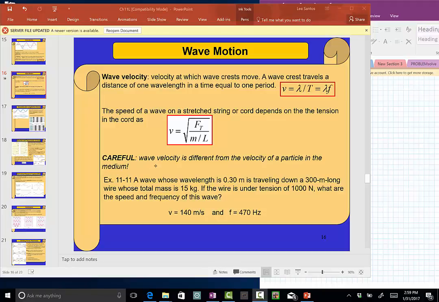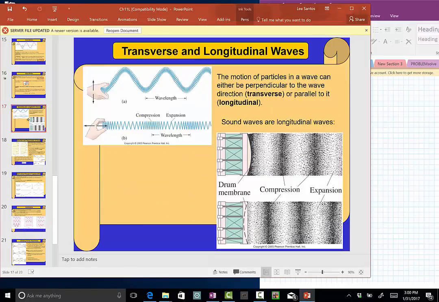In other words, the velocity of the energy that is being transferred through this rope, for example, is not necessarily the same as the velocity of the hand that was moving up and down to create the wave. So these two things are different. The wave velocity, the velocity of the energy, is not necessarily the same as the velocity of the particles moving up and down.